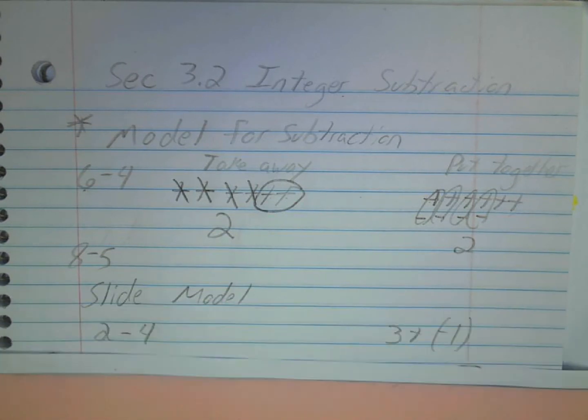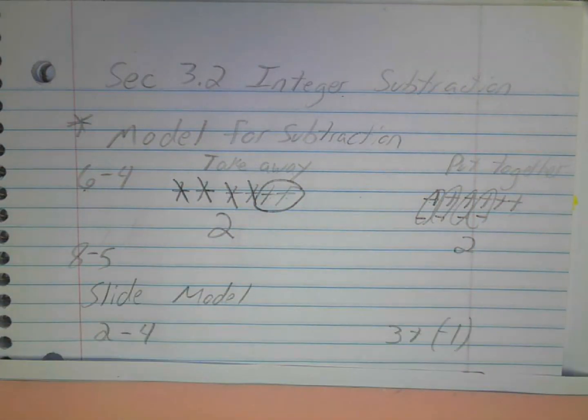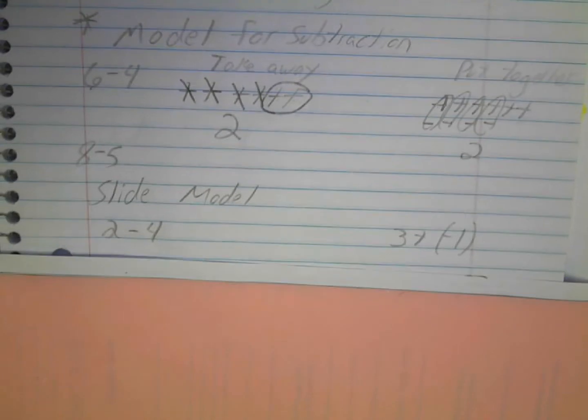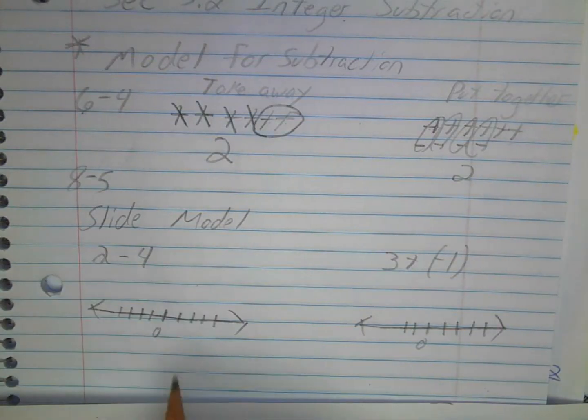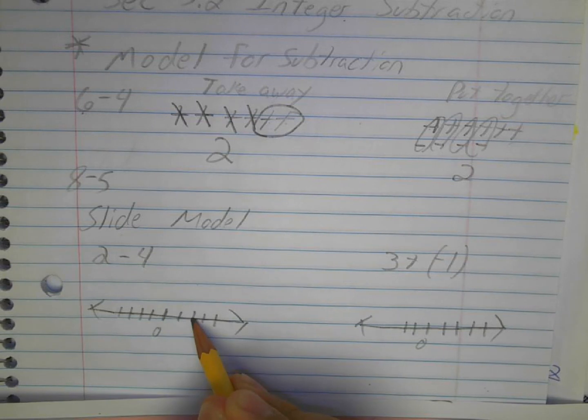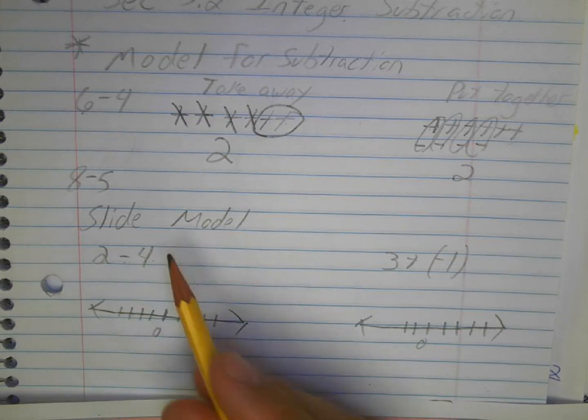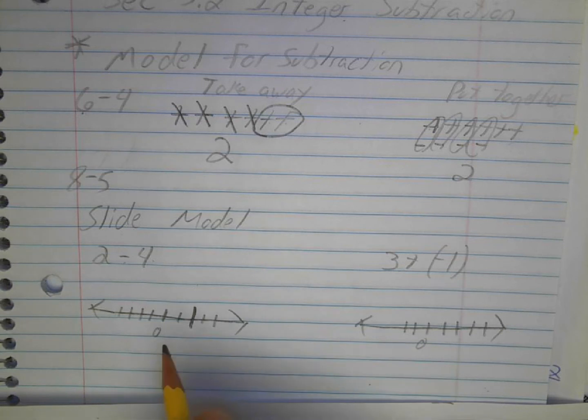There are also slide models we can use, like a number line. We'll have some practice with this. If I use this slide model, I start at 2, and then negative 4.